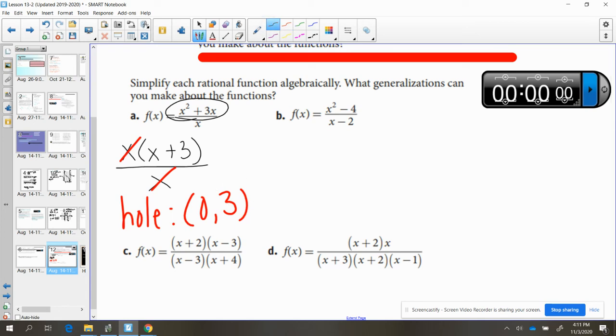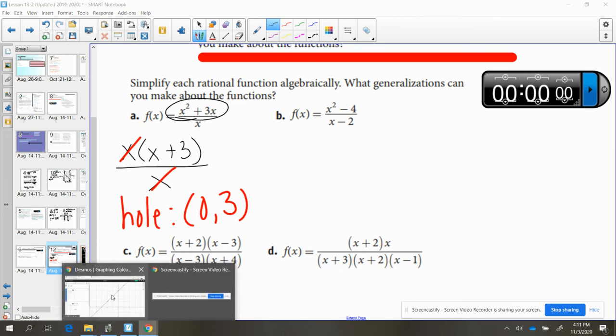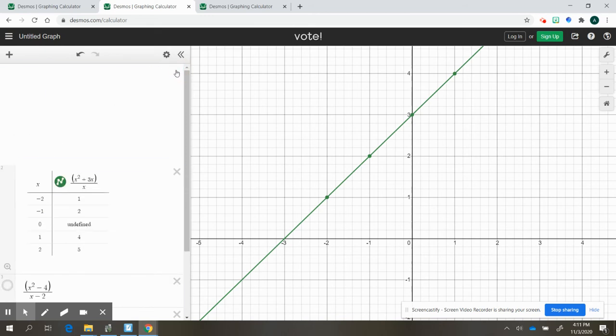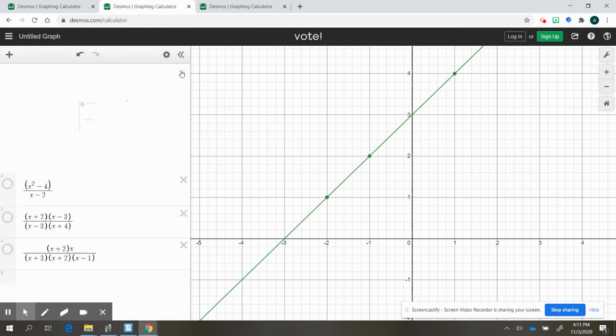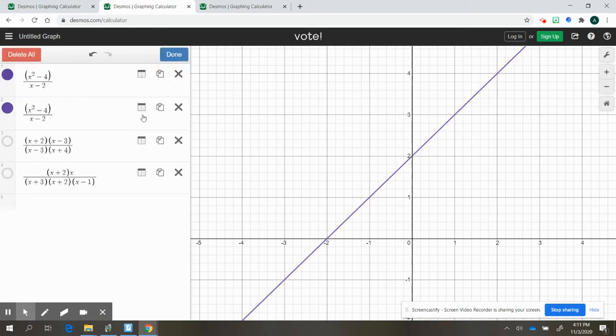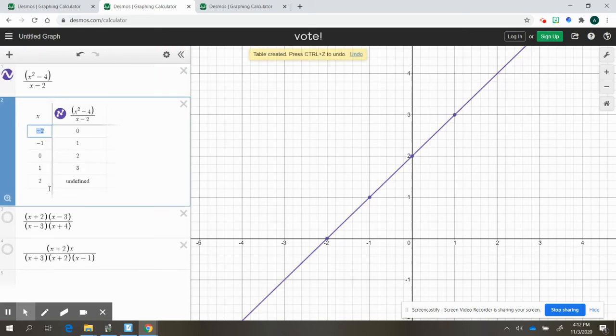All right, let's look at another one. So again here, if we go to these first examples and look at the next graph, we're going to end up with a hole, even though it looks like a line. We're going to end up with a hole if we look at the values of the table here. So if we duplicate this and look at the values of our table at x equals 2, there is a hole.